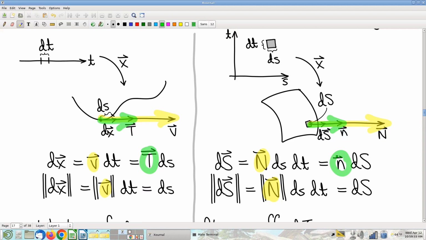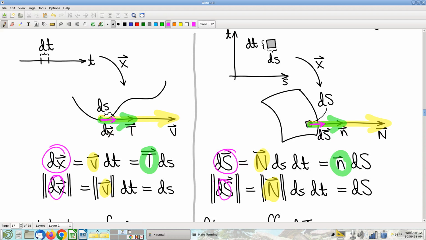Let's talk about the dx vector and the ds vector. There's my dx vector. Here's my ds vector. And notice they appear in analogous places in the algebra. It's starting to look suspiciously analogous at this point. Right? And we can keep going.